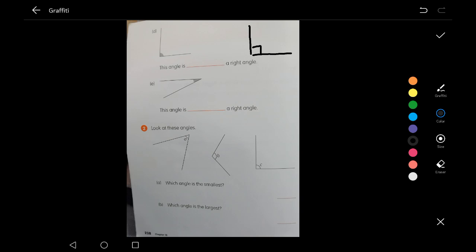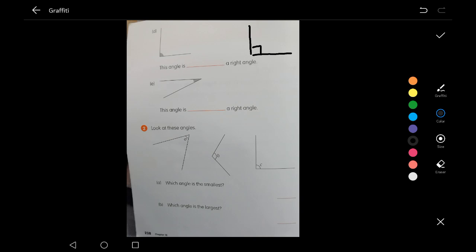By the way, I told you once in class that we put a symbol similar to a square on the right angle. Why do you think that? That's right, because all angles of the square are right angles.